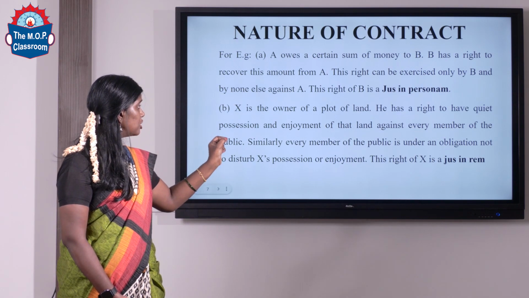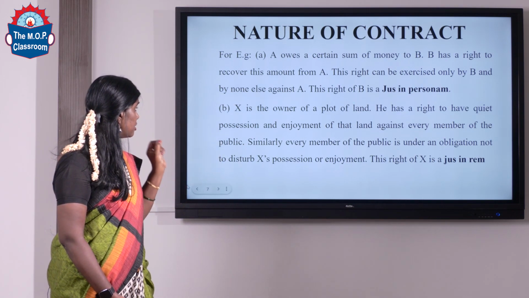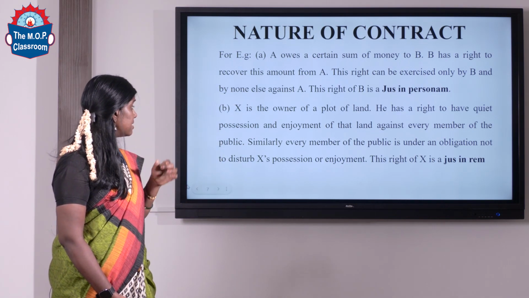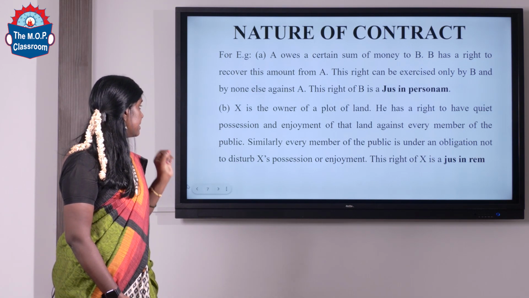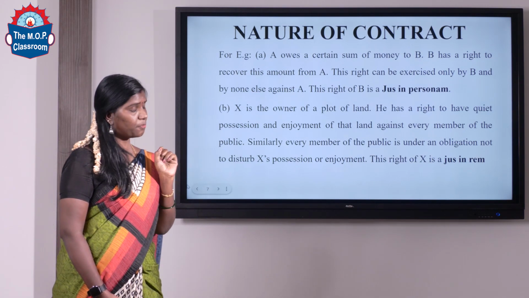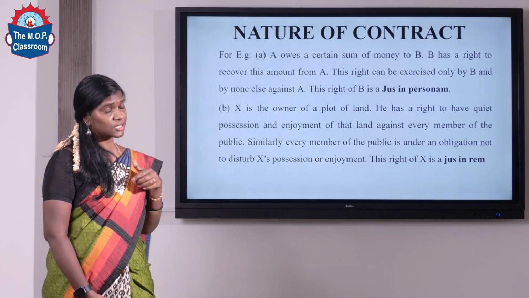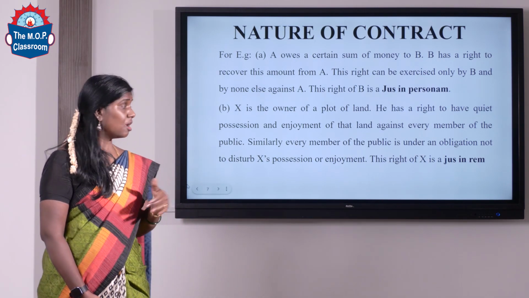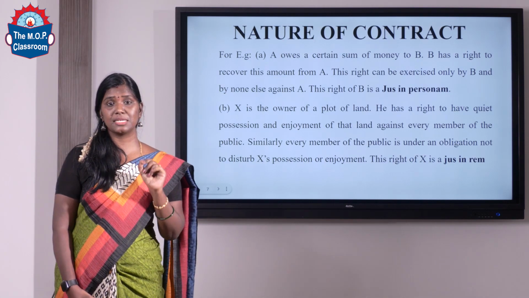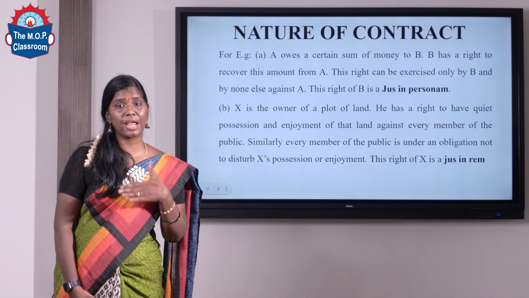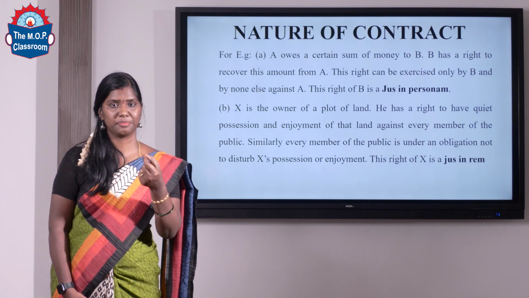He has a right to have quiet possession and enjoyment of that land against every member of the public. Similarly, every member of the public is under an obligation not to disturb X's possession or enjoyment. This right of X is a jus in rem. So the right in respect of a thing.